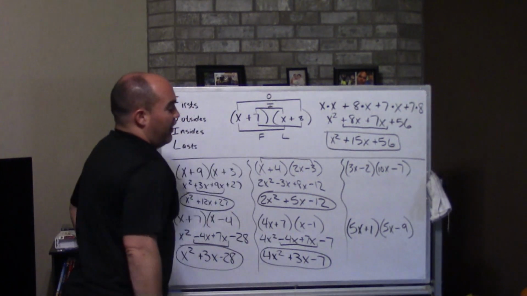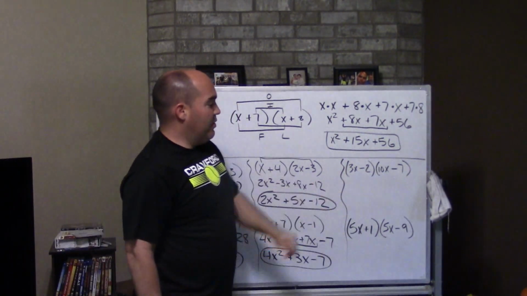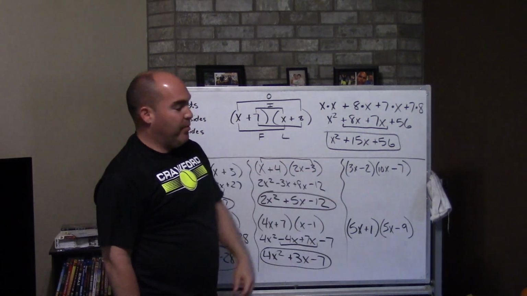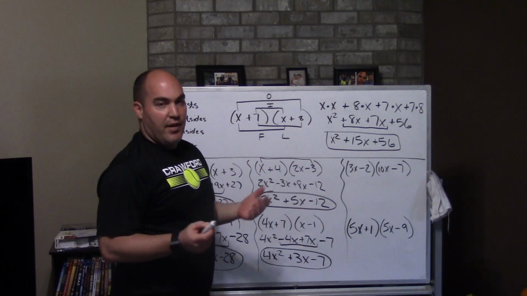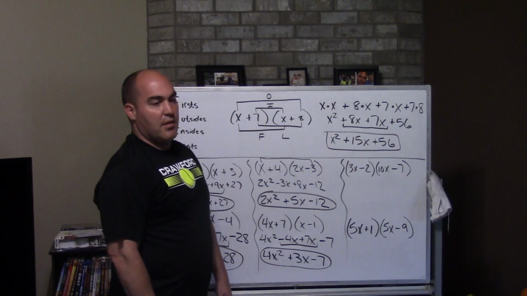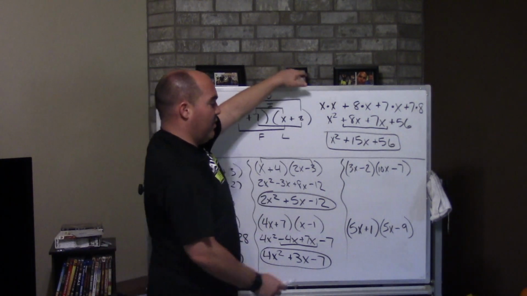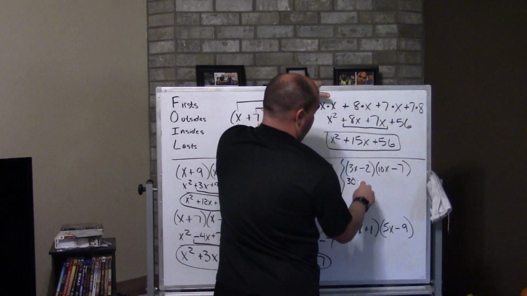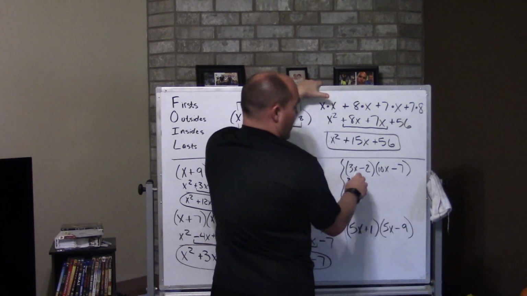All right. Over here, I put a couple bigger numbers in here, and we've got coefficients in front of both sets of variables. It doesn't make it any different, it just means it's a little trickier to multiply. Alright, so first, 3x times 10x is 30x squared.